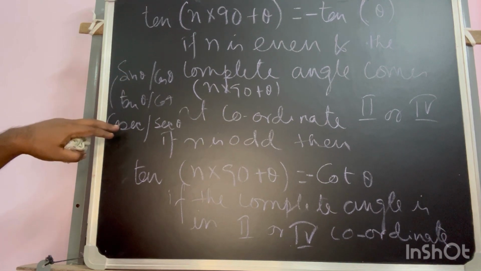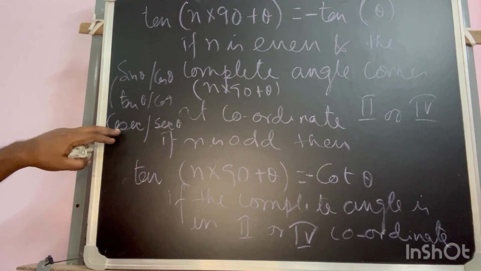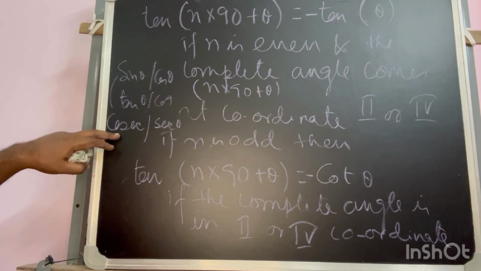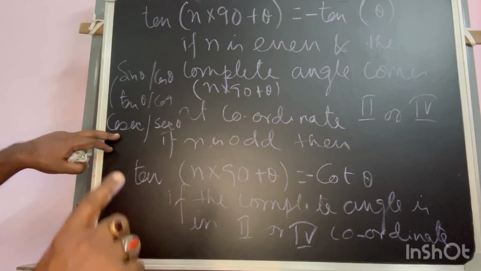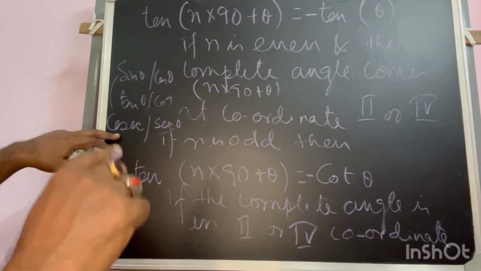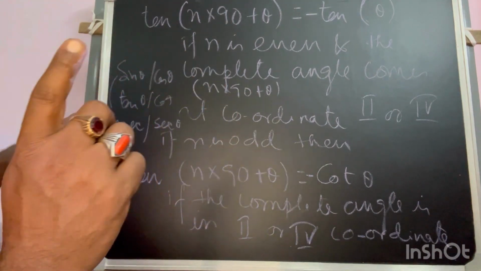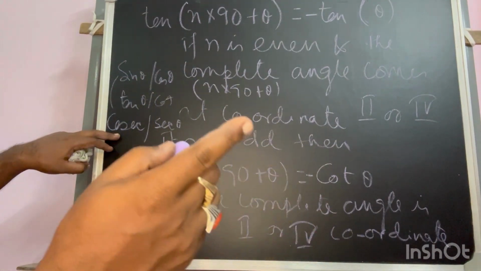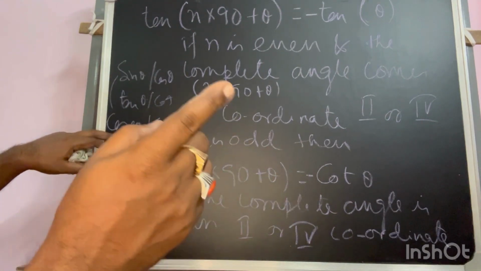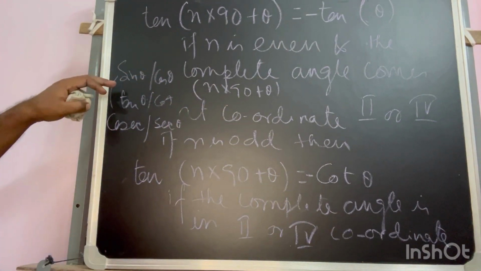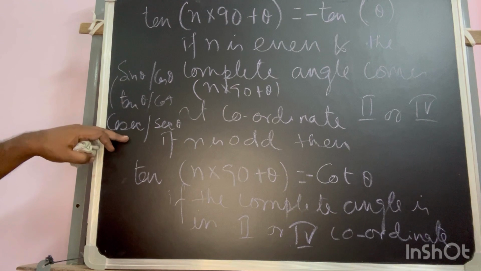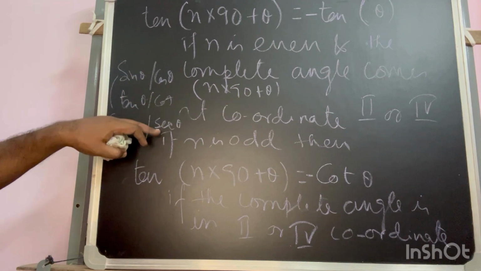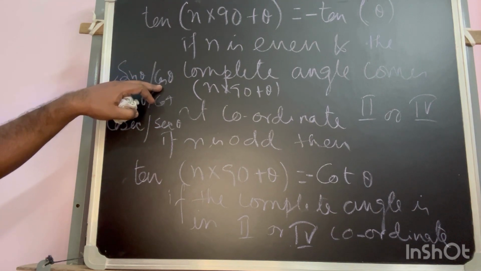Then cosec will be cosec if it is first and second coordinate if n is even. Cosec will be sec when n is odd and it is falling on first and second coordinate, because cosec is nothing but the reverse of sine, and sec is the inverse of cos.